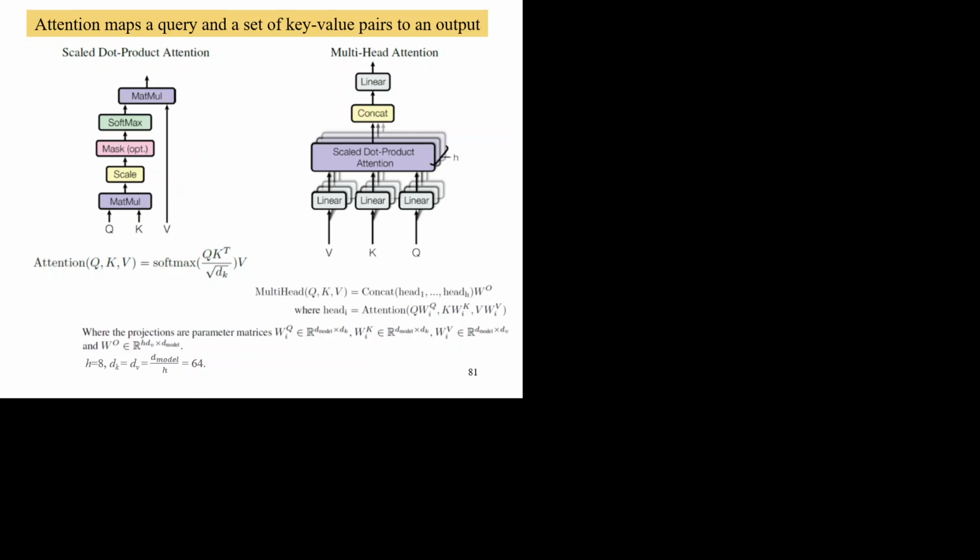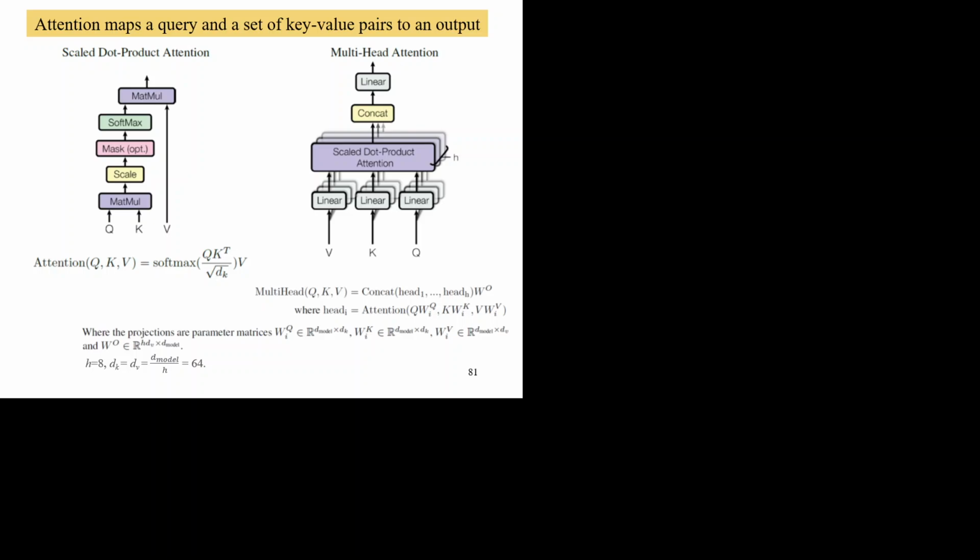They are the same before, but they will be projected into different spaces by using the W matrices for Q, K, V. Q will be multiplied with WQ, K with WK, and V with WV. So they become different matrices, and then I perform the calculation.